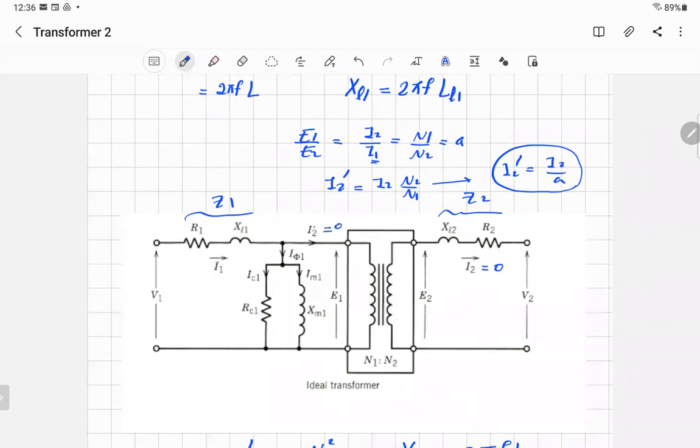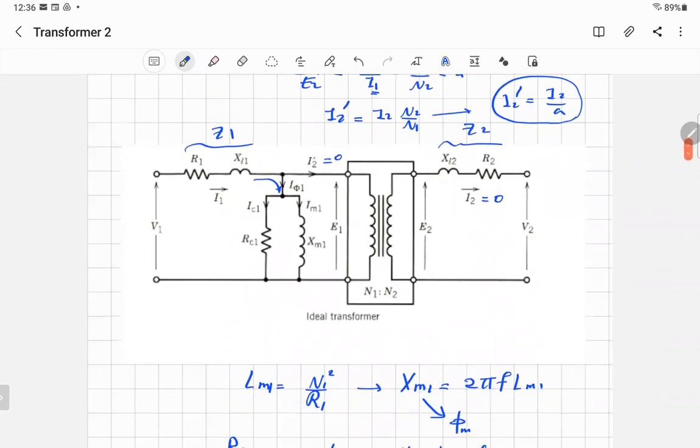So I1 is the current coming from the power supply. All the current I1 in the primary winding coming from the power supply will be equal to I phi 1. It will be only supplying the core loss and building the magnetic field in the core.